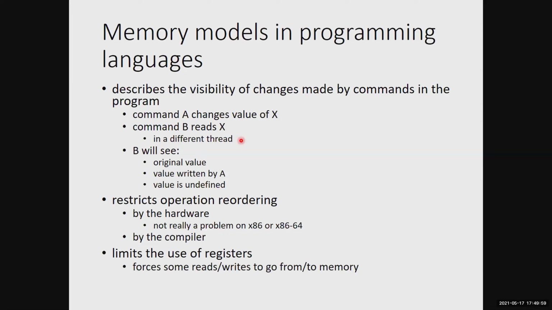The question is what B will see when it reads X. Whether it reads the original value before A changed it, whether it will see the value written by A, or whether, which is also quite possible, the value is undefined, so we cannot tell what value will be seen.